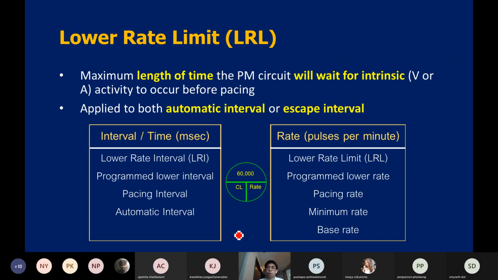So if we set the lower rate at 60 beats per minute, after the pacemaker paced the first beat, it would wait until the lower rate interval is reached, and if there is no intrinsic beat from the heart, the pacemaker would pace.